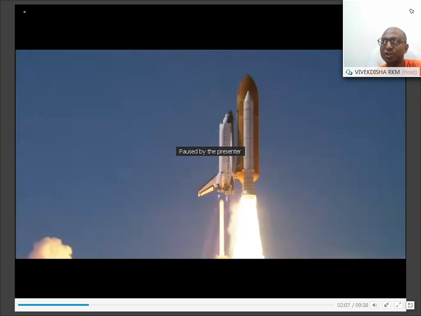The rocket is launched. Along with it, there is an aircraft-like thing. In that place, our astronauts are there. So carrying the spaceship, the rocket is launched.